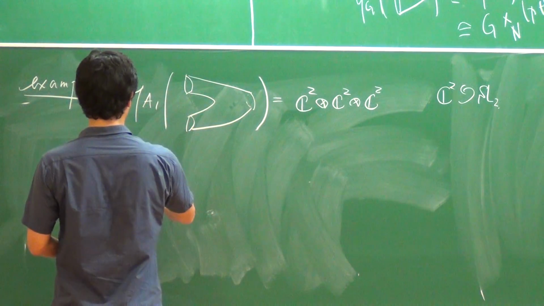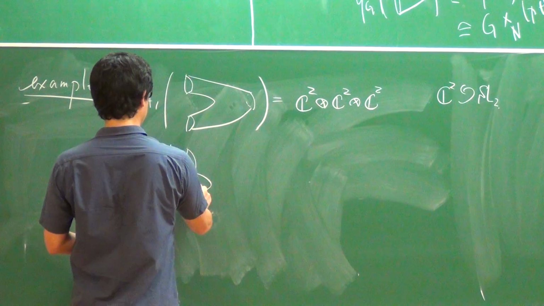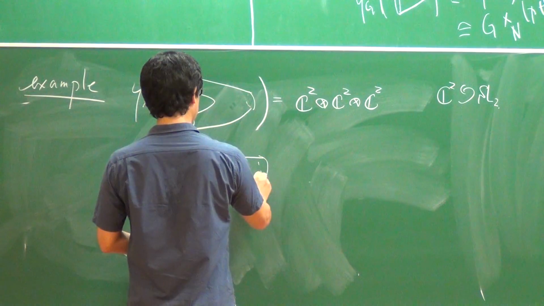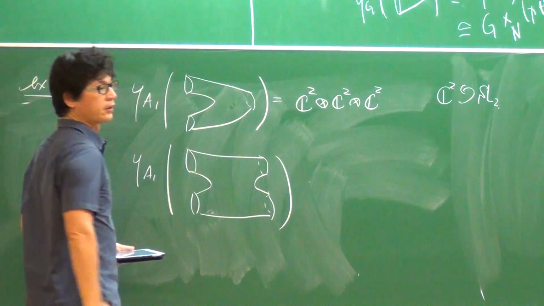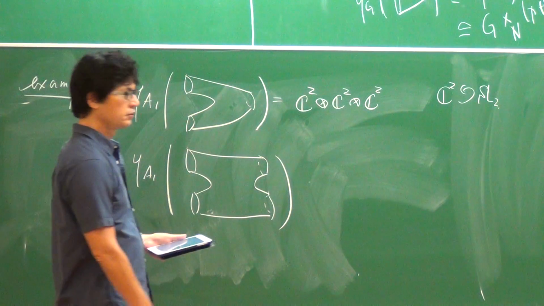So again, this is still A1. If you consider the symplectic variety corresponding to this one, this is quite already complicated.